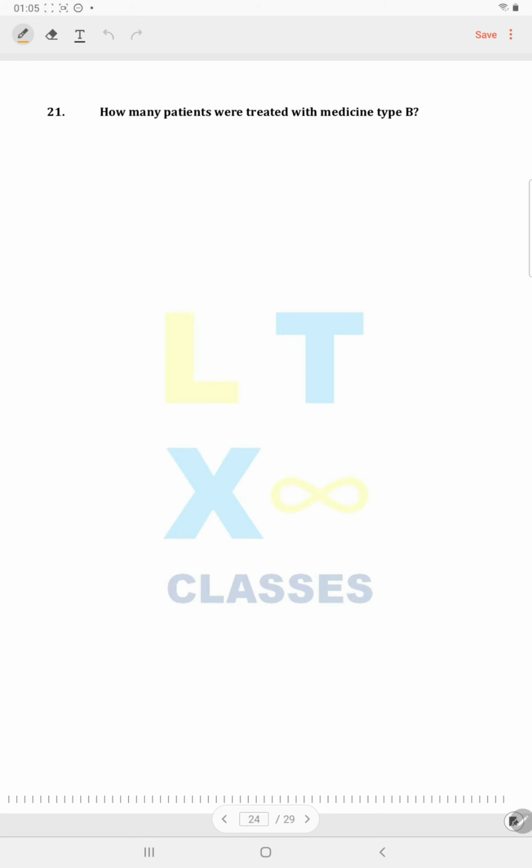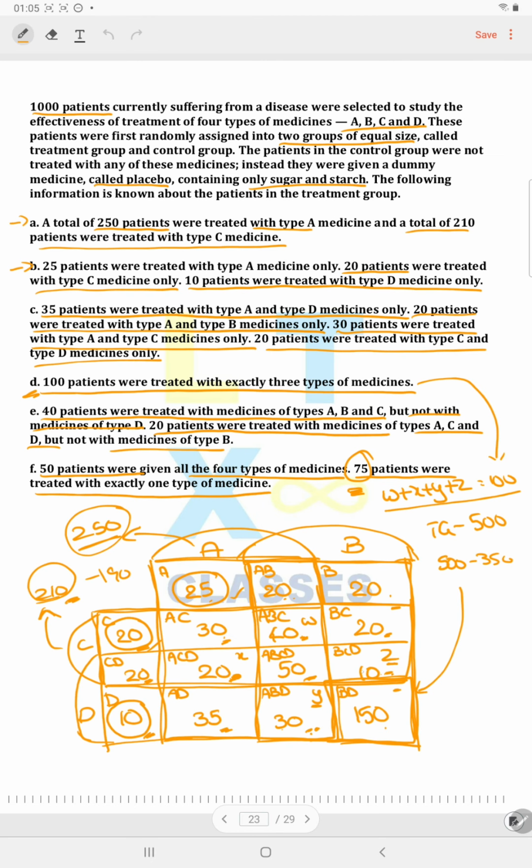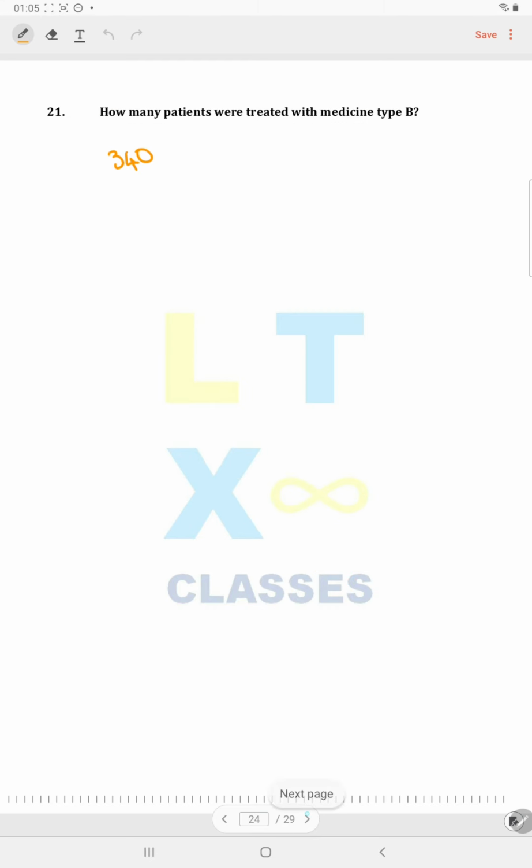So the answer for this question is 340. Next, the number of patients who were treated with medicine types B, C, D but not A. Very easily we'll be able to find that B, C, D but not A is this cell, which is 10. So the answer to this question is 10.